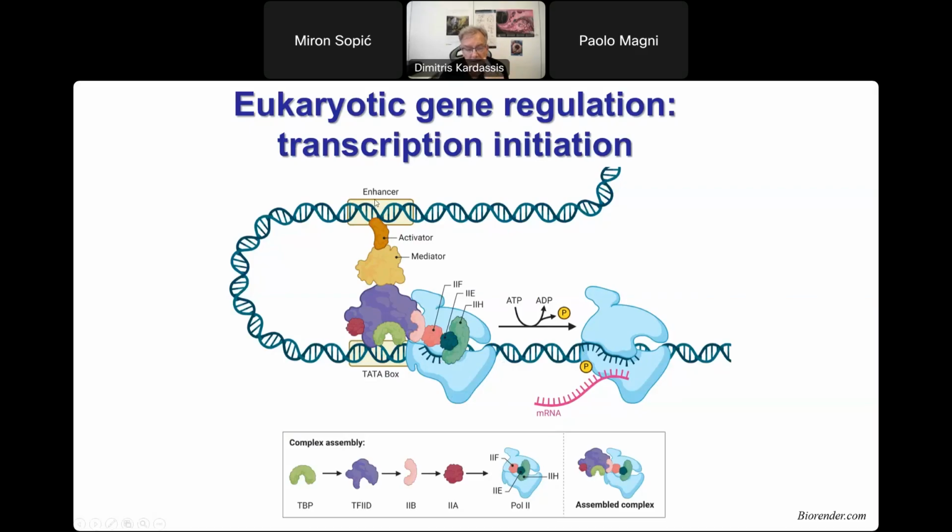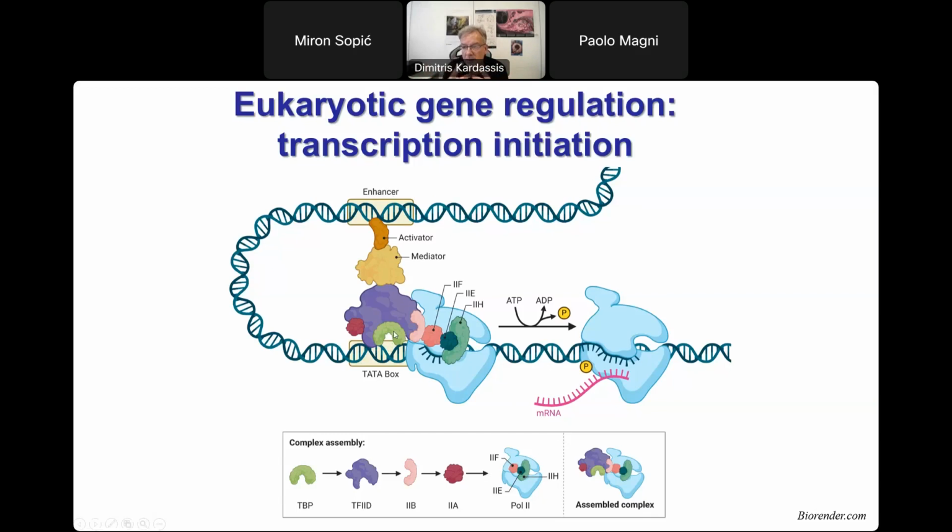An enhancer is a regulatory region which consists of multiple regulatory sites, DNA binding sites, located further upstream or downstream from the gene. And usually what is happening is that the enhancer confers tissue specificity or other specificity relative to the promoter.